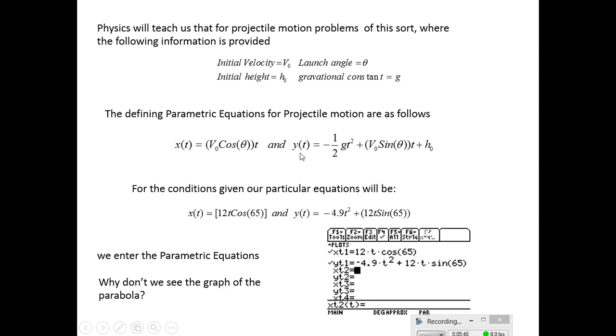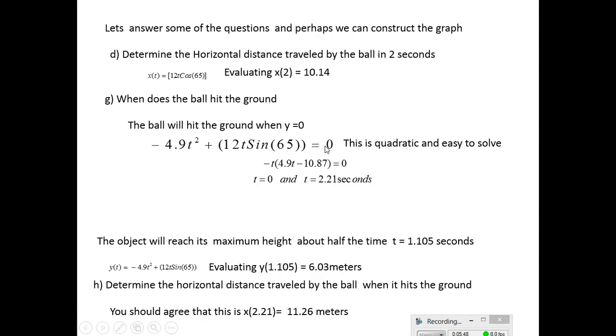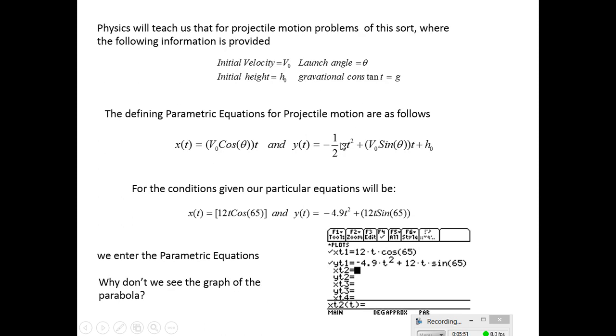The position in y takes into account the gravitational constant, which acts downward, so the negative comes into play. It's negative one-half g t squared, g being the gravitational constant, 9.8 meters per second squared or 32 feet per second squared. Again, v0 is the initial velocity, times the sine of the angle, typically measured in degrees, times time. The height, if at ground level, is 0.